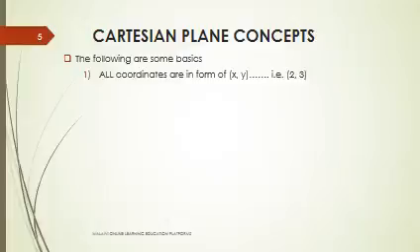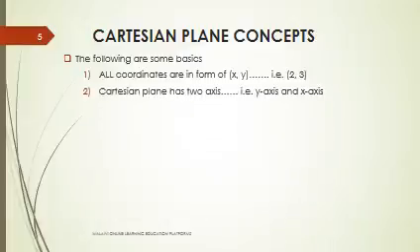So when you are given a coordinate or asked to find coordinates, make sure the coordinates are in that form. We start with x then y. For example (2, 3) means that 2 is for x and 3 is for y.